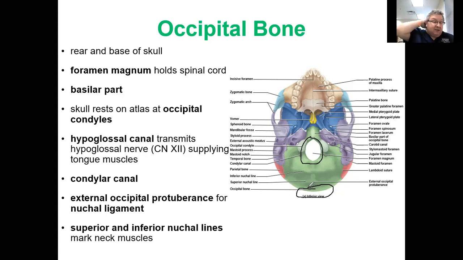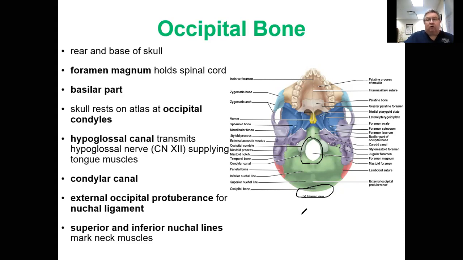Okay, so for the occipital bone, the landmarks that you're going to need to know are the foramen magnum and the external occipital protuberance. What you guys will also hear about are these nuchal lines. These are basically cartilage structures that allow muscles to attach to those areas.